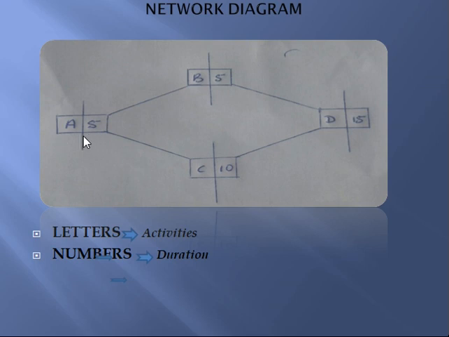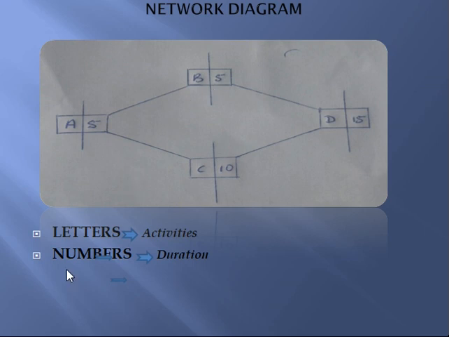The alphabets refer to the activities that this project has been broken down into, while the numbers refer to the duration that each activity is going to take. So we have activity A with a duration of 5 days, activity B with a duration of 5 days, and so on and so forth.